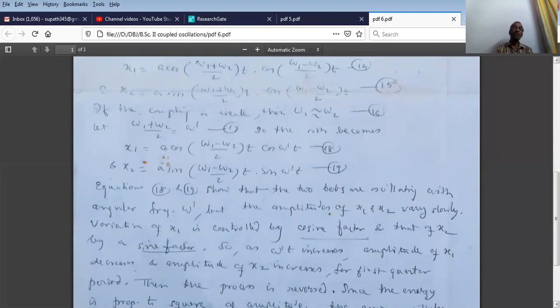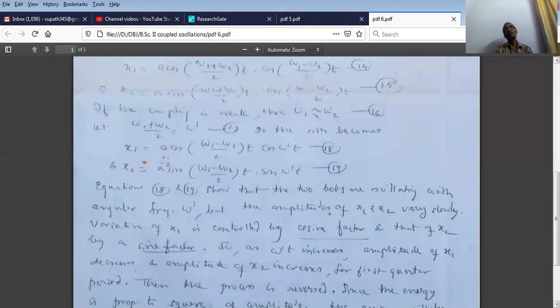Variation of x1 is controlled by the cosine factor and that of x2 is controlled by the sine factor.